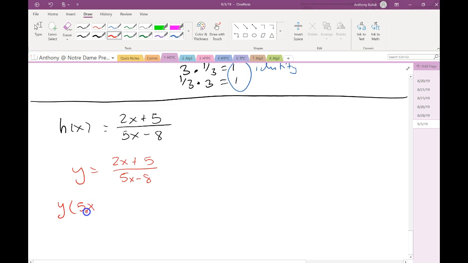So if I multiply both sides by 5x minus 8, I get this. Everybody agree with that? What might we do next? Distribute the y. Good. Yep, let's do that. Okay. Now what?